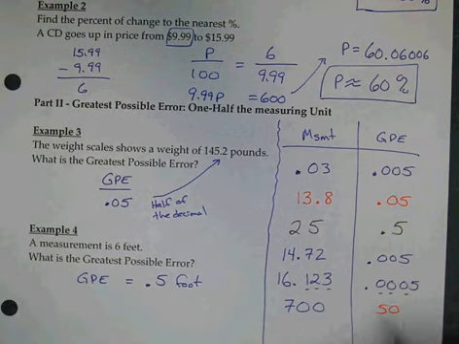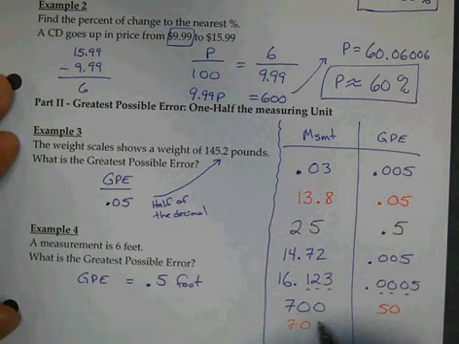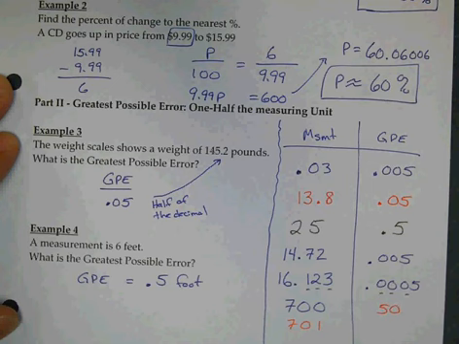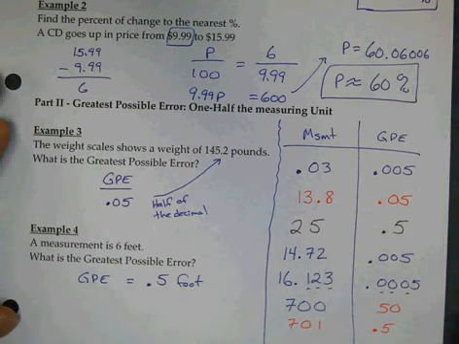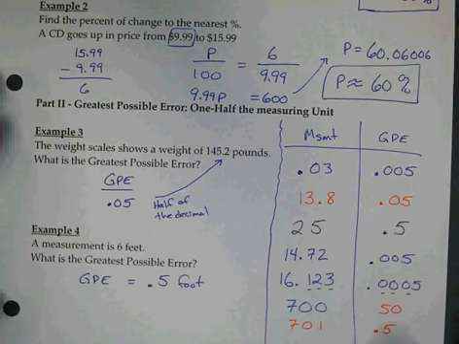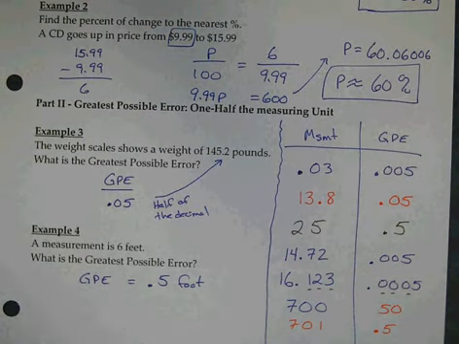Because I told you it's rounded to the nearest what? 100. But if I just say the number is 701, then it's not rounded. What's the GPE now? 0.5. So it's just a way of being accurate.